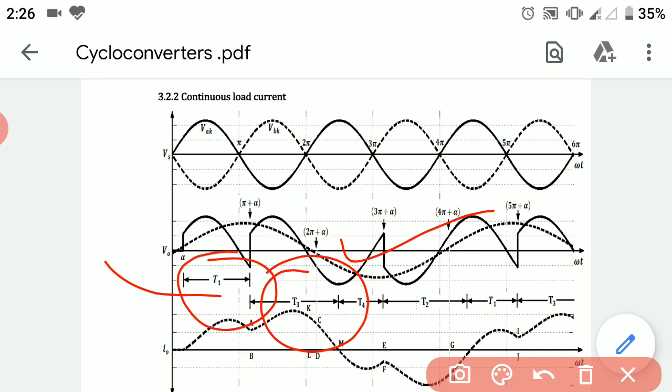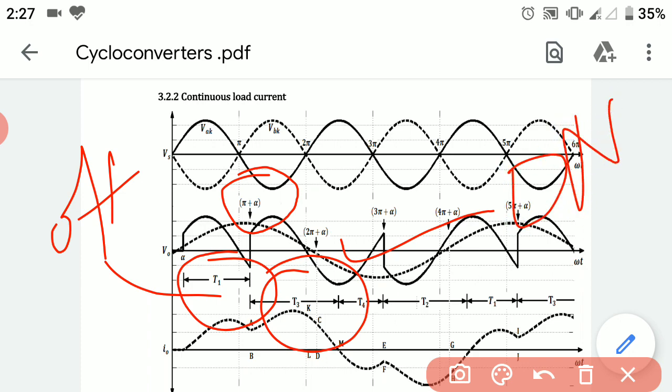So the turn off time of thyristor T1 and the turn on time of thyristor T3 exactly occur at the time instant omega t equals pi plus alpha. That is, the turn off time of thyristor T1 and turn on time of thyristor T3 now match.